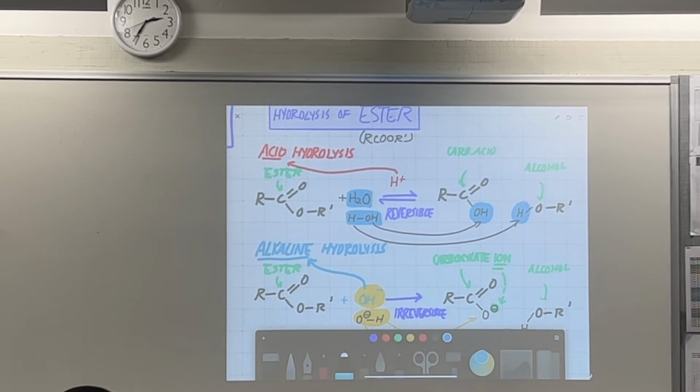For acid hydrolysis, you will need dilute HCl. For alkaline hydrolysis, you will need dilute NaOH, both of which require heating. Like you learned in the rate chapter, we heat up a reaction to speed it up. So the heating part is just to speed up the reaction.